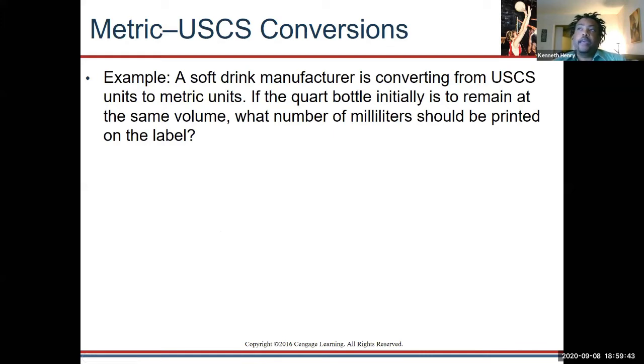It says a soft drink manufacturer is converting from USCS units to metric units. If the quart bottle is to remain at the same volume, what number of milliliters should be printed on the label? What were the units given to us again?